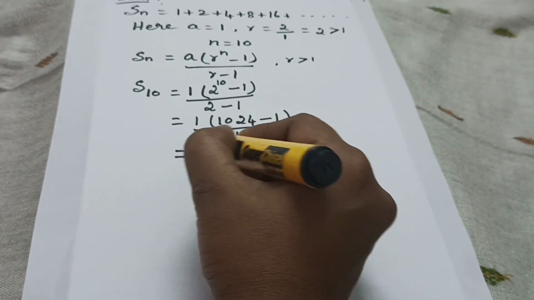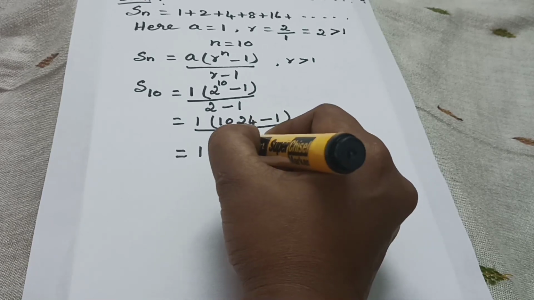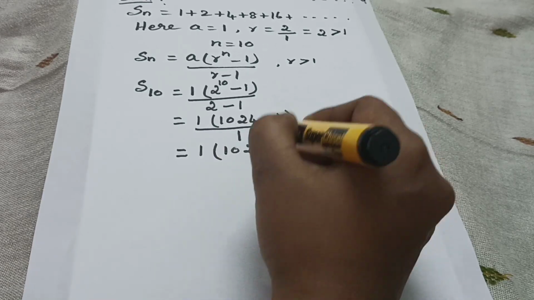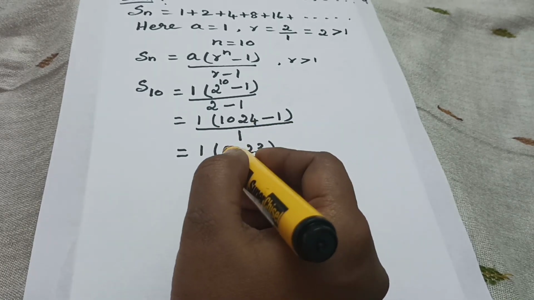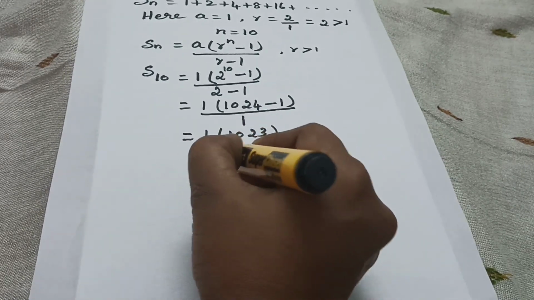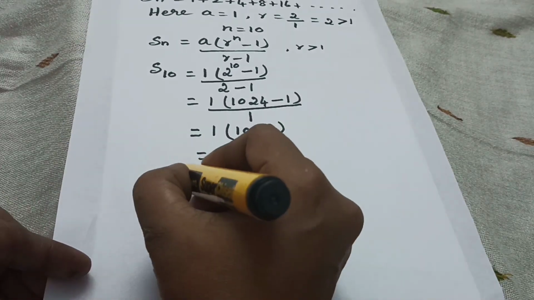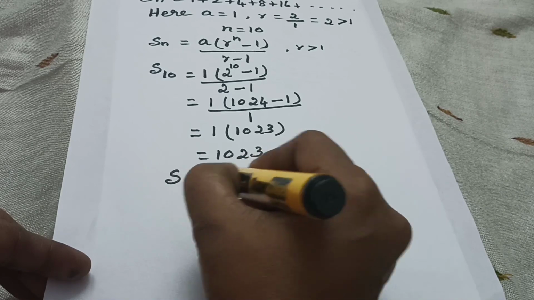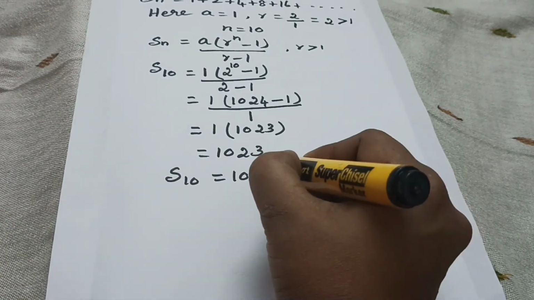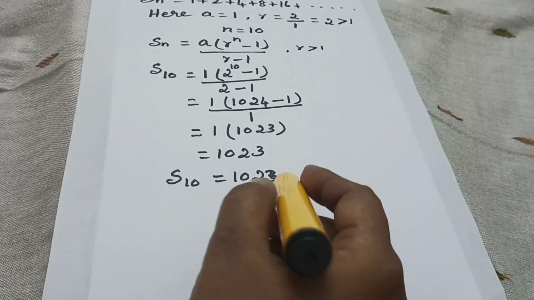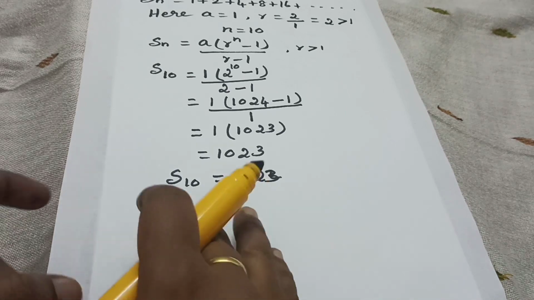Then 1 into 1024 minus 1 is 1023, divided by 1 is the same number. Therefore the answer is S10 equal to 1023. Am I correct? Have you understood?